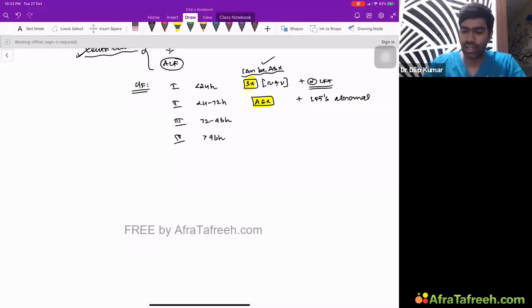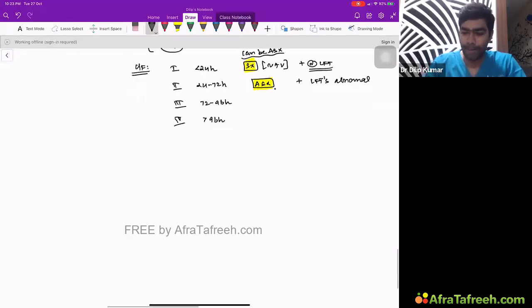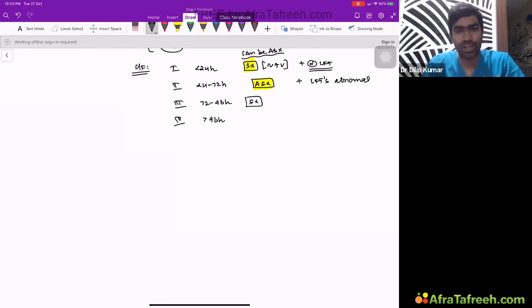And after this, in stage number 3, that is on day 4, day 4 is the usual time where the patient dies. Most of these patients die during day 4 only, if left untreated. The patient once again becomes symptomatic, where the symptoms of stage 1 will start appearing again, plus LFT abnormalities will be maximal, which means peak abnormalities, around this stage 3 only, that is on the 4th day.